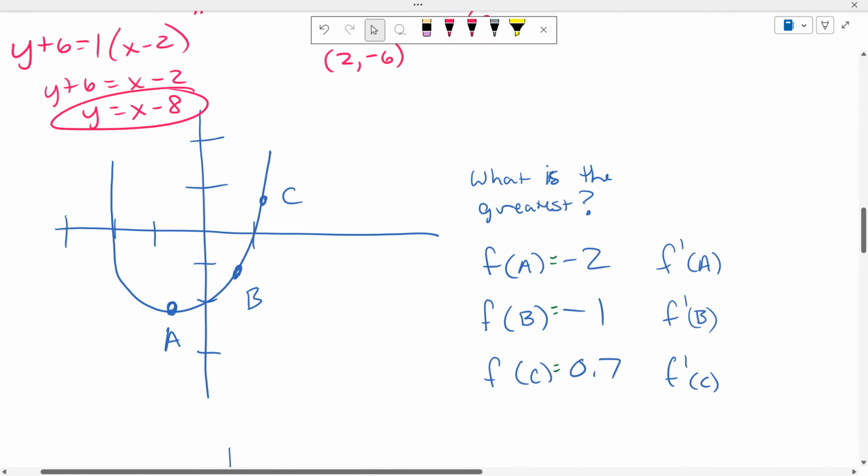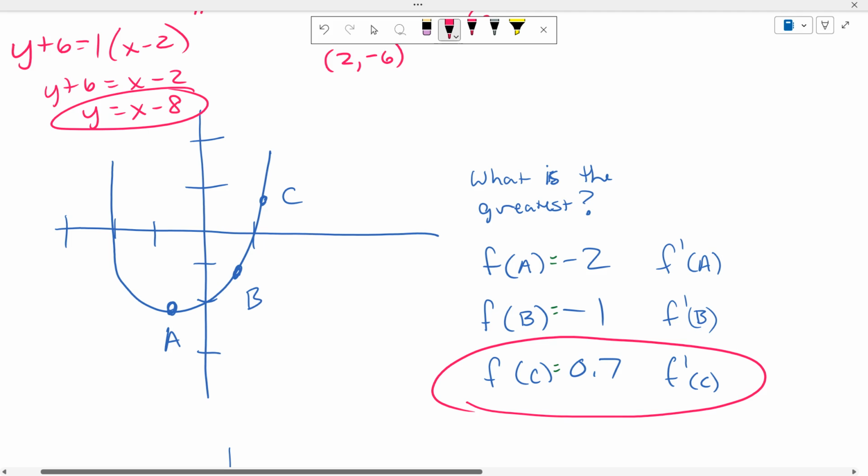Which one has the greatest slope? So C has the largest derivative because it has the most positive slope. I don't understand how A is... A, negative, going up?